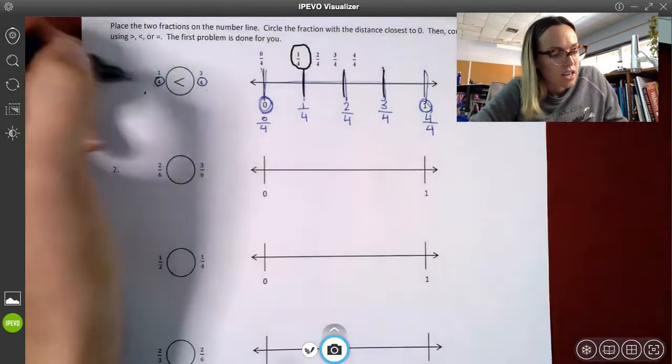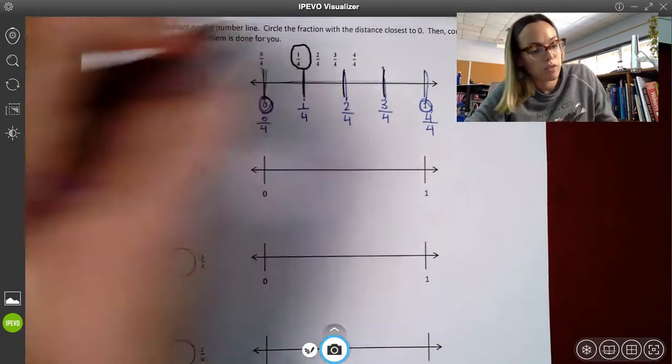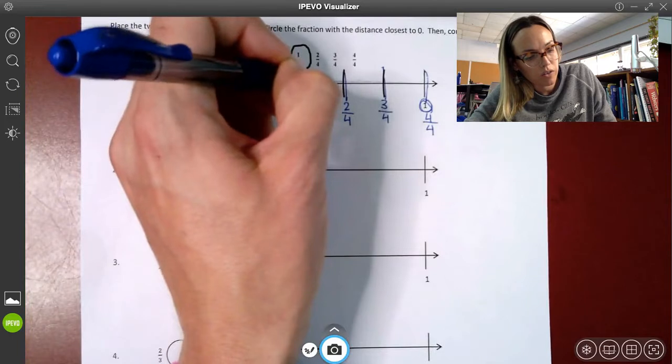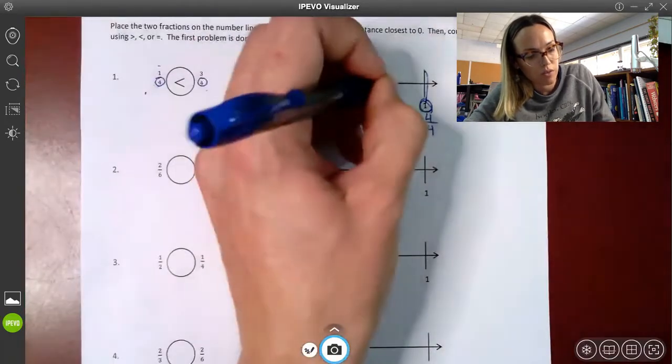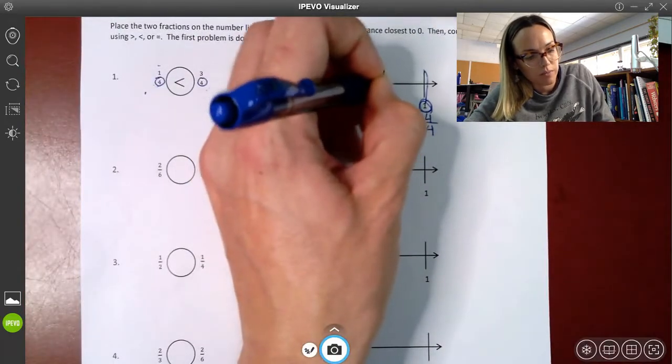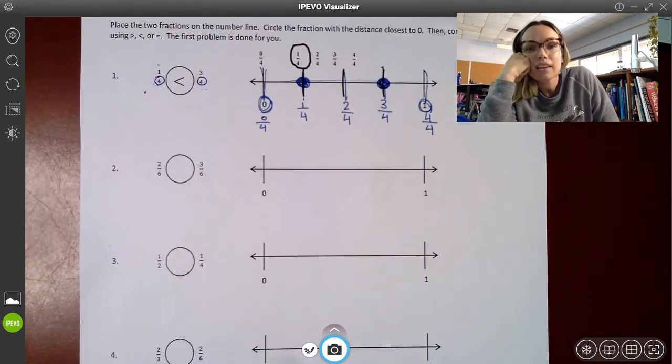course. Now, the fractions we're comparing are 1 fourth and 3 fourths. So as we see, 1 fourth is here, right? And 3 fourths is here. So we need to analyze this now to try to figure out which one is greater, okay?